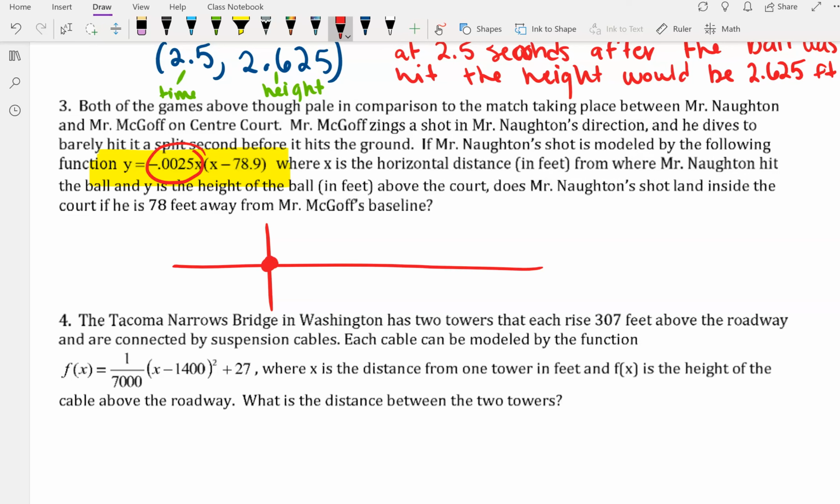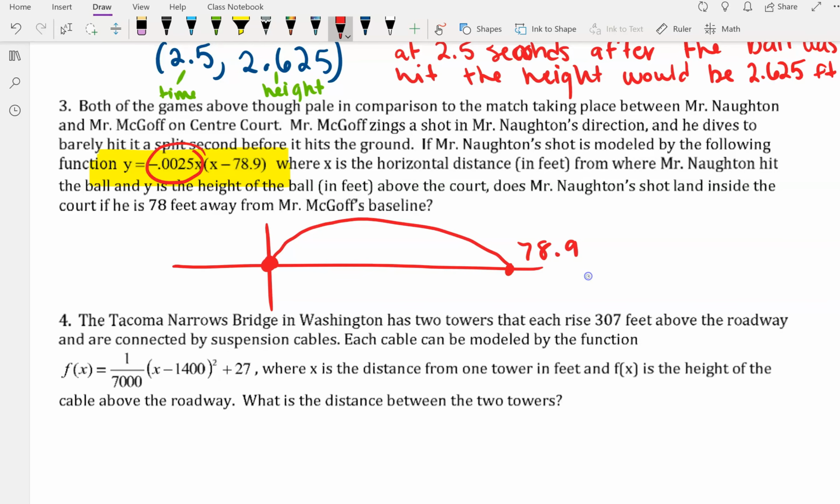And this x-intercept is the opposite of negative 78.9, so it's going to be 78.9, over here. And it's going to be kind of a long parabola. It's negative, so it's pointing downward like this, which hopefully makes sense since that's how a shot should look.